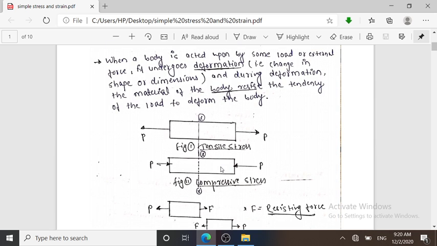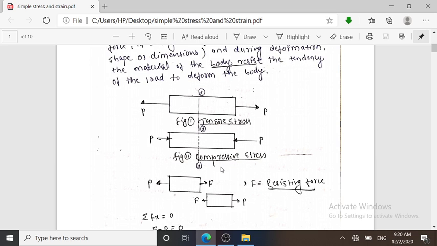सपोज मान लीजिए this is a rectangular section which is subjected to tensile stress or tensile forces. When the body is subjected to tensile stress, or either compressive stress, then I have cut the section XX. The section which is to the left of the cross section XX, applying P, there must be a resisting force. मैंने आपको बोला था जो अंदर की तरफ इसको रोकता है, then there must be a resisting force F. That resisting force per unit area of the cross section is termed as the stress.